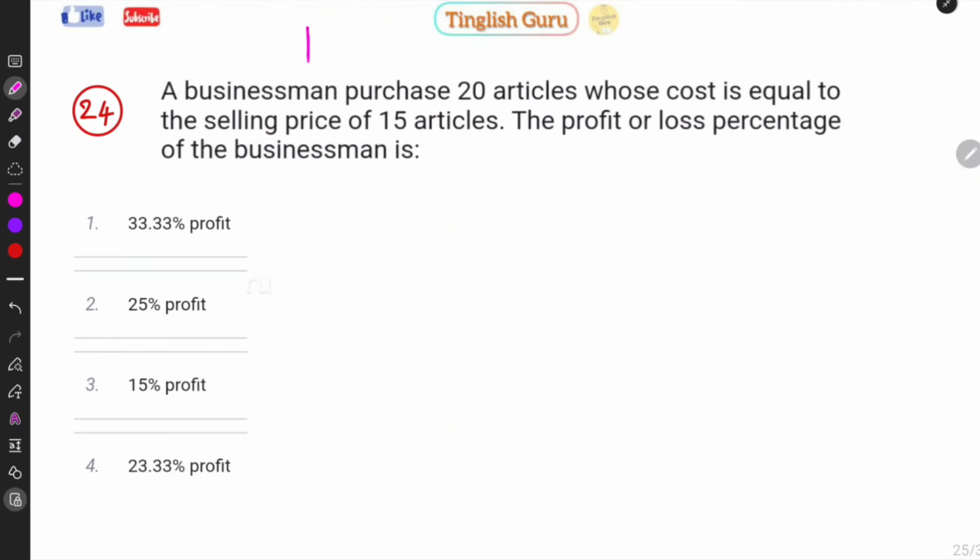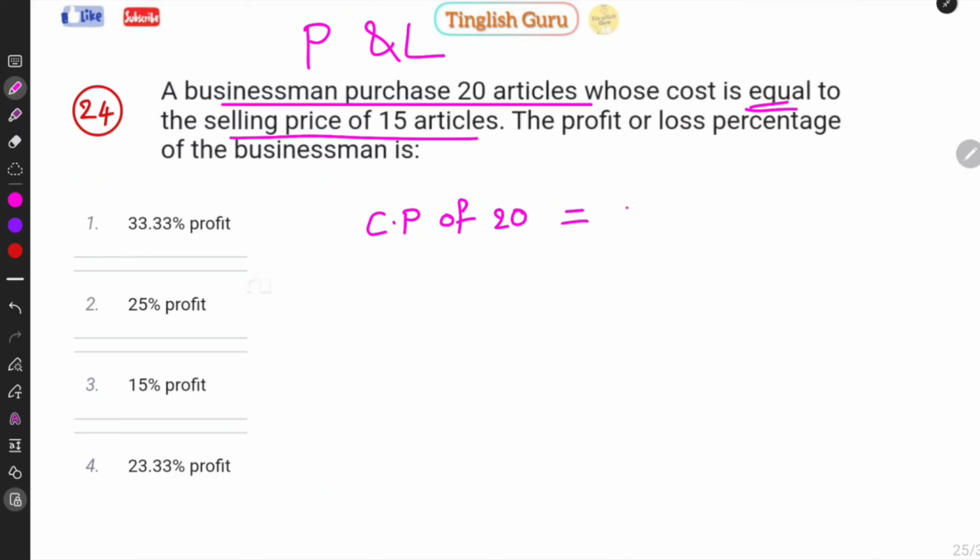Next bit is profit and loss model. Here observe, the businessman purchased 20 articles. So purchasing means cost price, right? Cost price of 20 articles is equal to, here it is given, selling price of 15 articles.